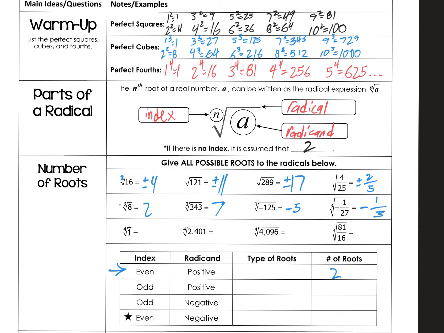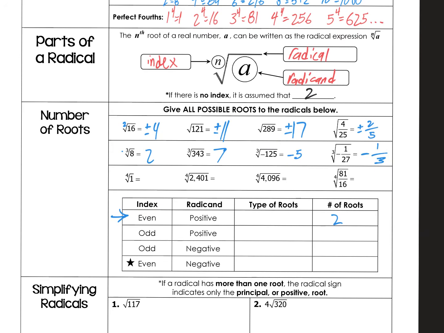Okay, so now notice these odd exponents, which did not cancel out the negative, give us these radicals that also keep the signs. Okay, so there's only one solution for odd radicals, right? Odd indexed radicals.